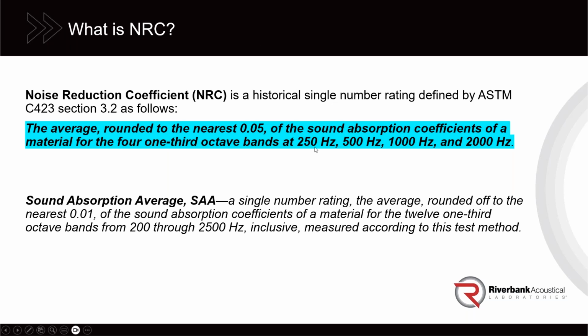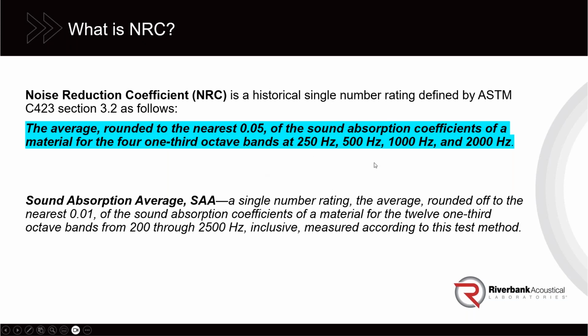Its definition is the average of the 4 1/3 octave bands at 250 hertz, 500 hertz, 1000 hertz, and 2000 hertz, rounded to the nearest 0.05. Now, there are some issues and concerns with this as it's defined.